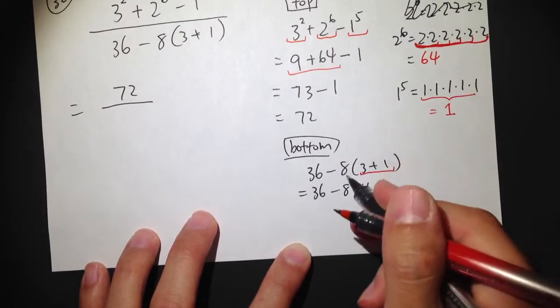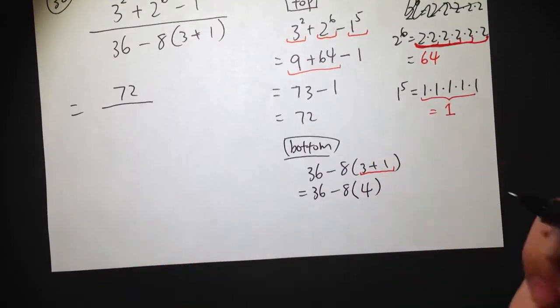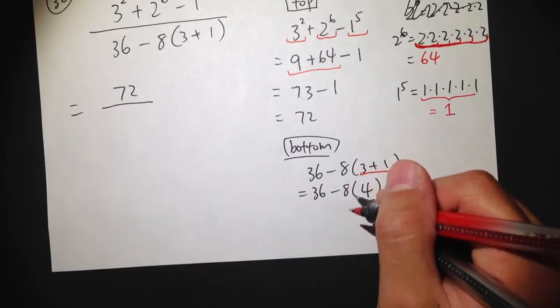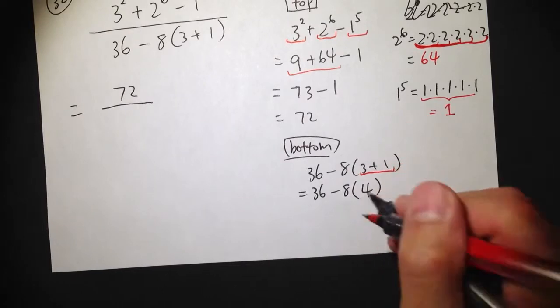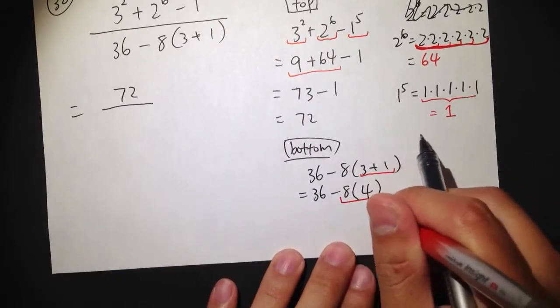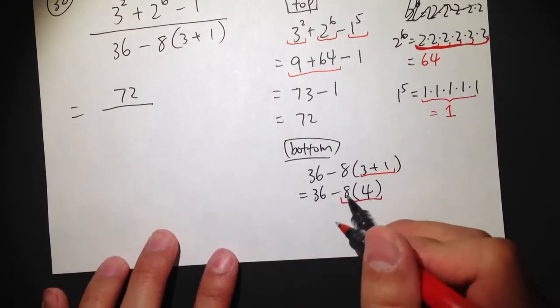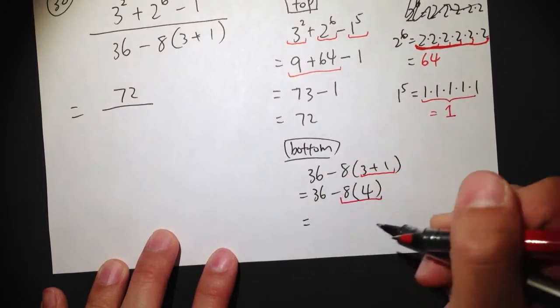In this case, since we have a number in front of the parentheses, you really need to maintain that parentheses, because now this parentheses means to multiply. We need to do 8 times 4 right now, and that's 32.